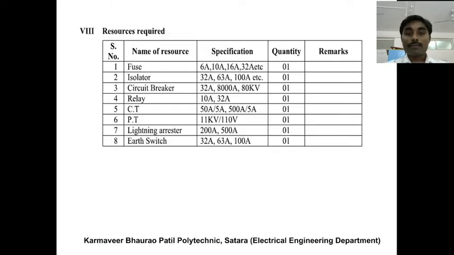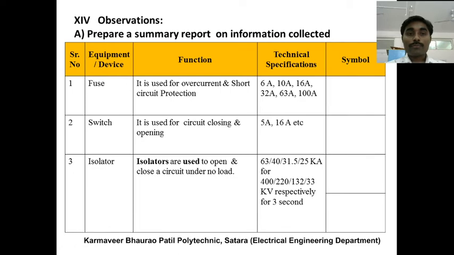So, for this practical, these are some resources that we require. First is the fuse, then isolator, circuit breaker, relays, CTs, PTs, lightning arresters, and earth switch. The observations that we have to note down are to be recorded in this chart or table.